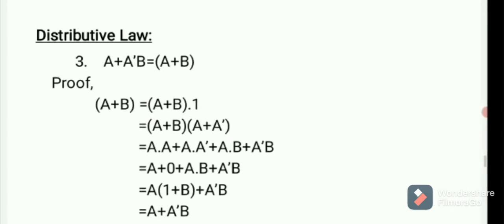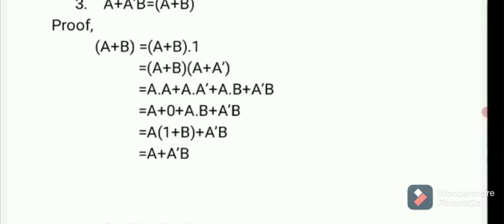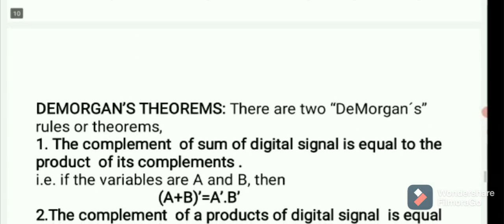Right hand side, A or B, we can write (A or B).1, same as A or B, and in the position of 1 we put (A or A bar), and the same multiplication of this, and putting A.A equal to A and A.A bar equal to 0, and then taking A common within the bracket of (1 or B), we know 1 or B equal to 1, so we can write A or A bar B. This is the left hand side of the third distributive law.